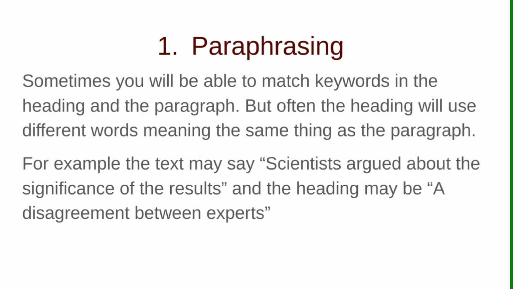This is paraphrasing. So, for example, the text may say scientists argued about the significance of the results, and the heading may be a disagreement between experts, for example. Those two statements clearly match, but the words are different.